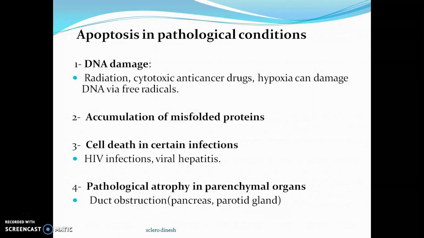Apoptosis eliminates cells that are beyond repair without eliciting a host reaction, thus limiting collateral tissue damage, and death by apoptosis is responsible for loss of cells in a variety of pathological states like DNA damage, radiations, different types of radiations, and cytotoxic anti-cancer drugs. Hypoxia can damage DNA by free radical formation.